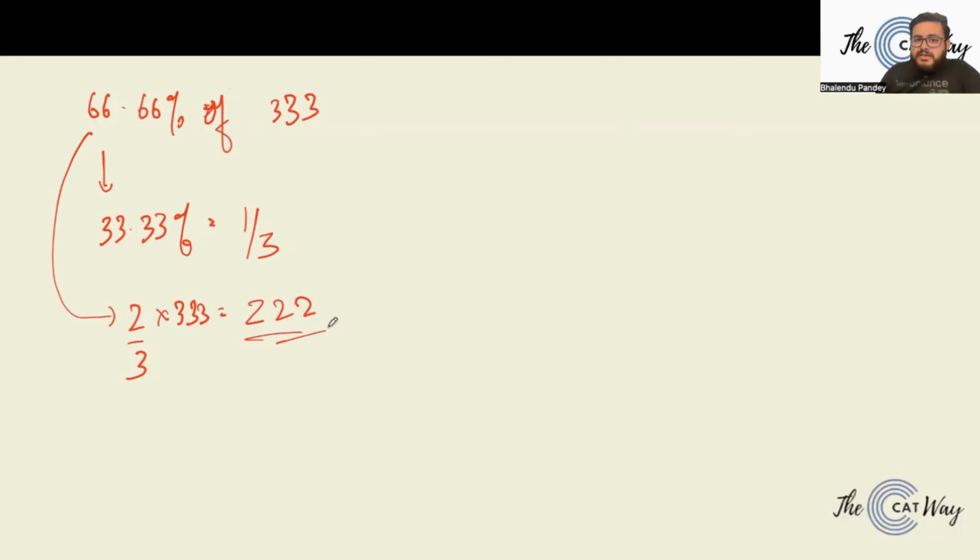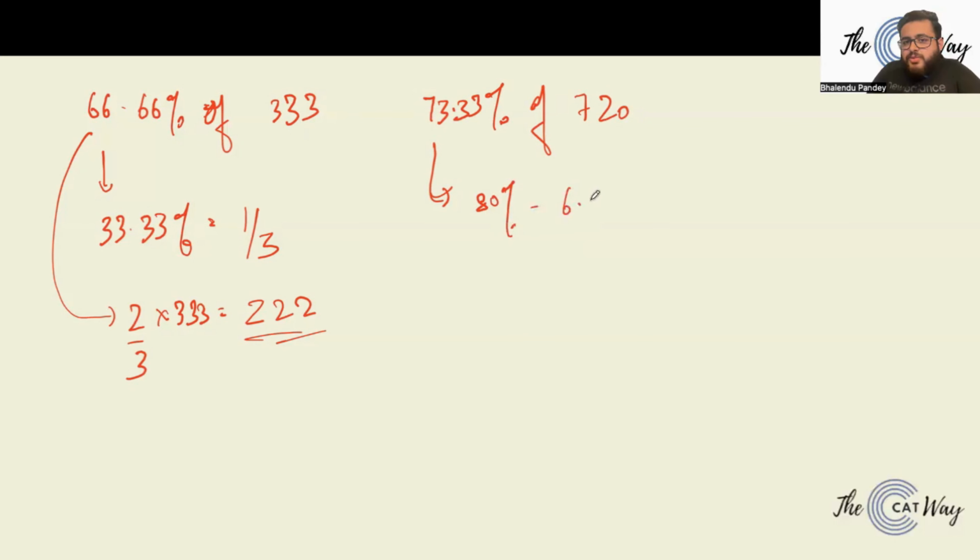Correct? Similarly, let's take a more difficult value, 73.33% of 720. Let's say this we have to calculate. So 73.33%, can it be written as 80% minus 6.66%?